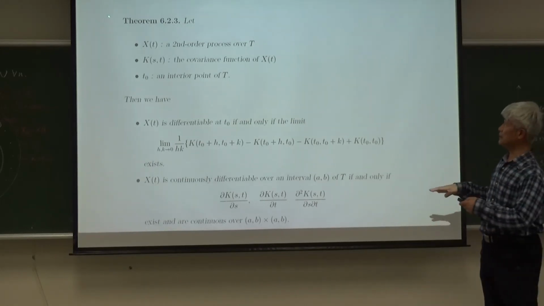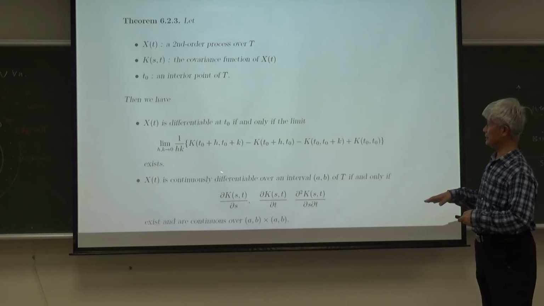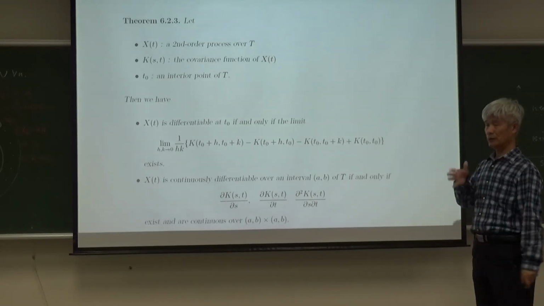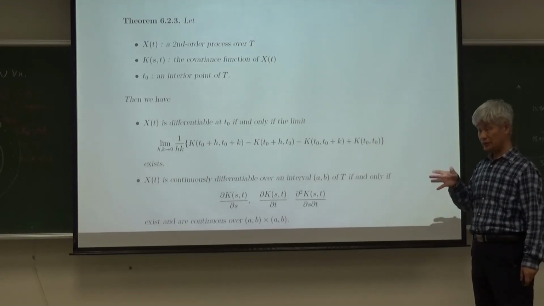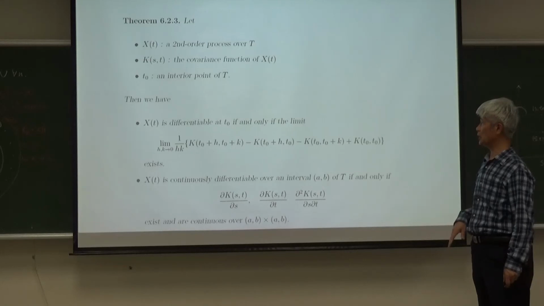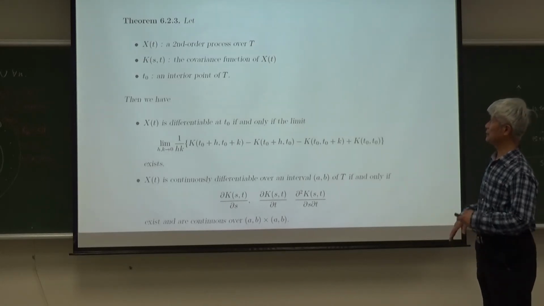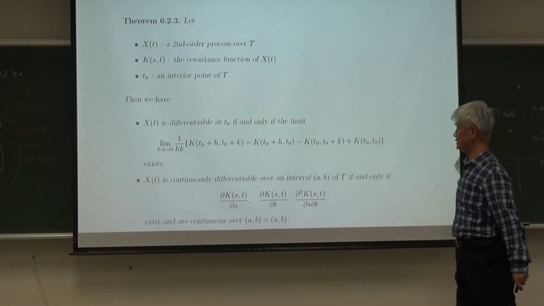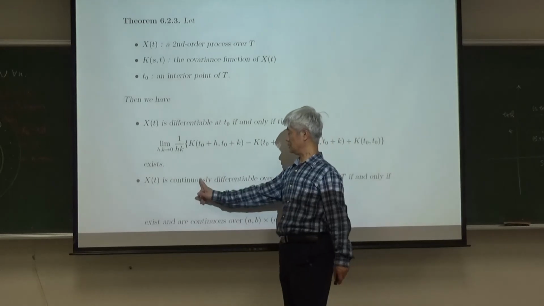Because it's differentiable means that at each point, every point in this open interval, we have a derivative, and each derivative is a second order random variable. So the derivative of x of t is another second order process. And this second order process is also continuous.